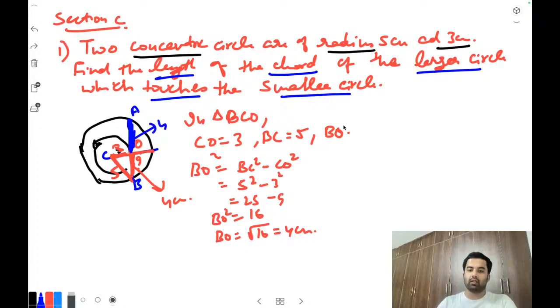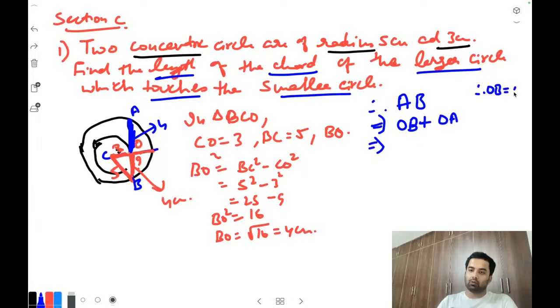If BO is 4, obviously this OA will be 4 only. We have to figure out the value of AB, correct? AB stands for OB plus OA. And you know that OB equals OA, so we can write the name of this one as OB only. So OB plus OB, because both are the same values.